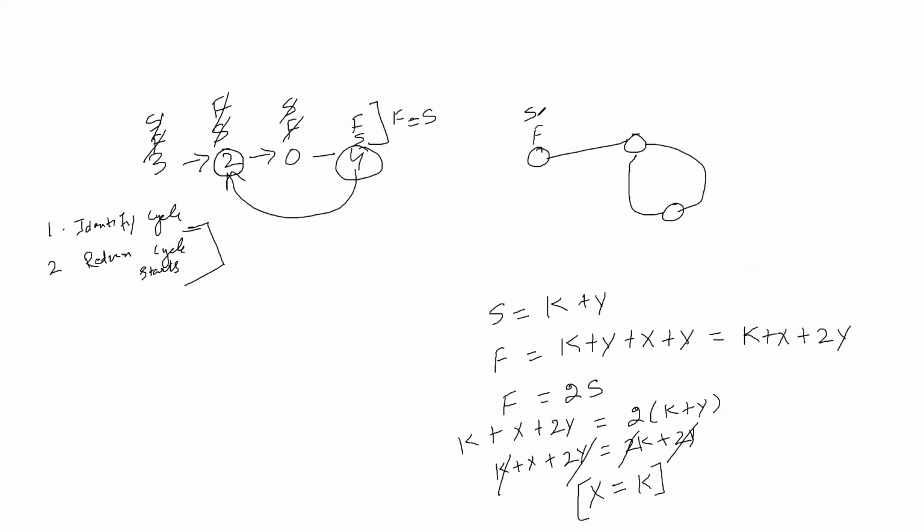We have a slow pointer and a fast pointer. You can move any pointer first. So fast we move here. Fast reaches here, then slow comes here. Okay, sorry, I missed one node here.